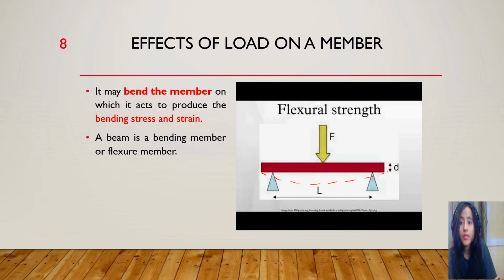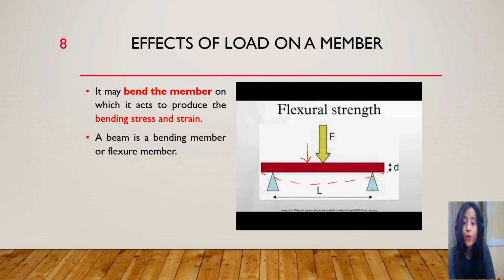Originally we have this beam here, and when a load is applied from here, the beam will bend, and when the beam is bent, there will be bending stresses and strain produced. These bending stresses are the stresses that are developed in a beam or any structural member due to pure bending.